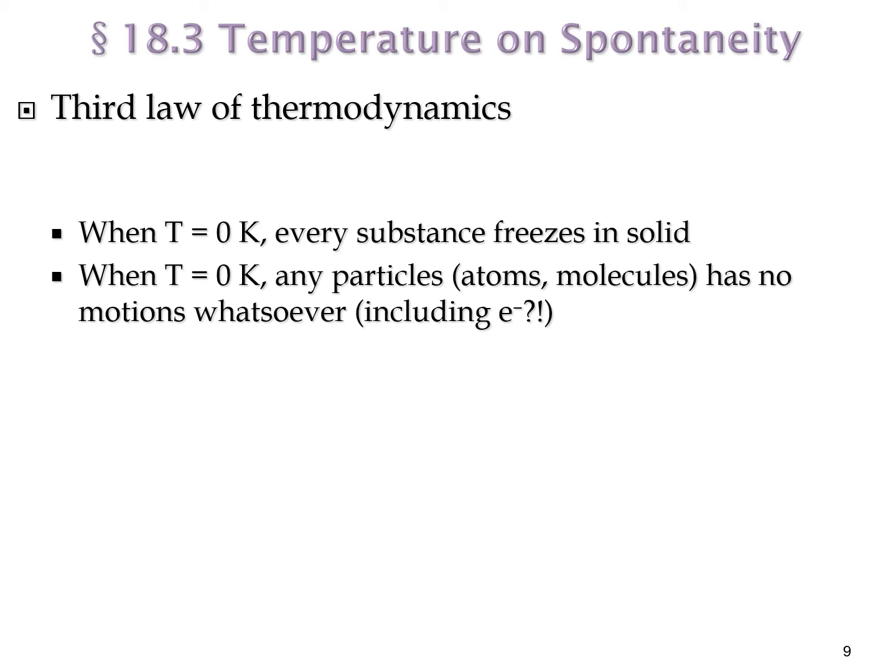Of course, that includes electrons. That means at 0 degrees, there will be no atom because the electron collides with the nucleus. Atoms no longer exist. There will be no substance or anything else. That is the reason why we cannot obtain 0 degrees Kelvin. We can approach it, but we can never attain it.